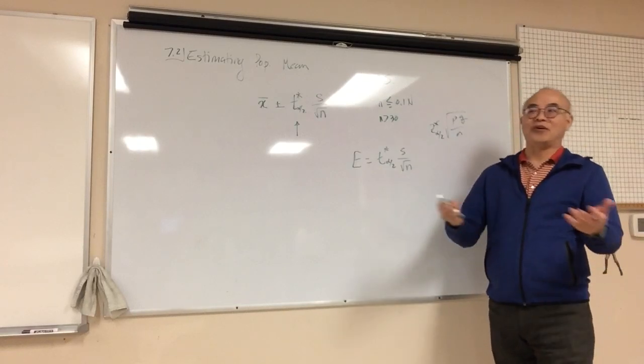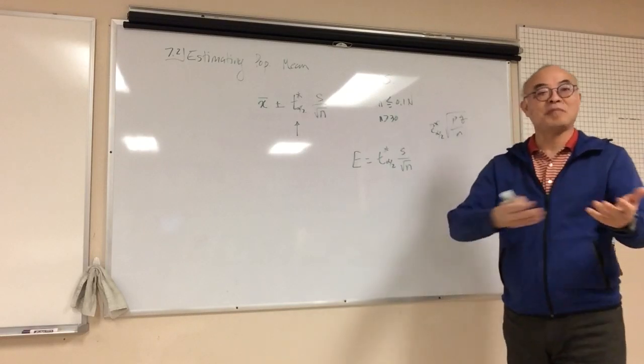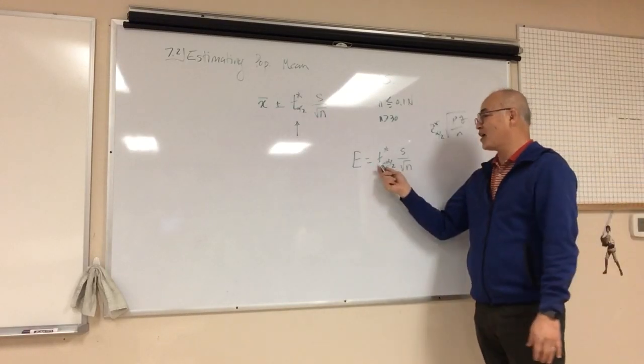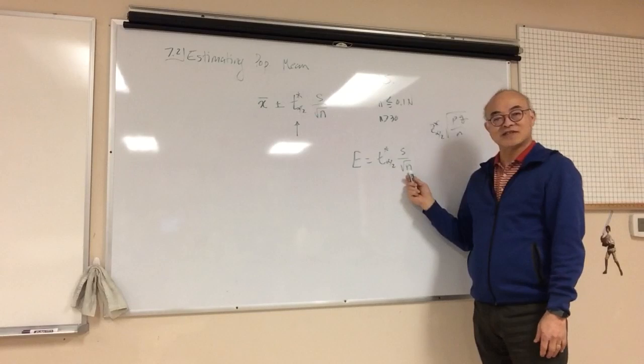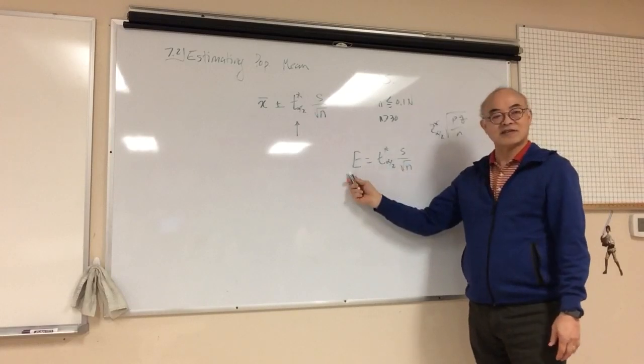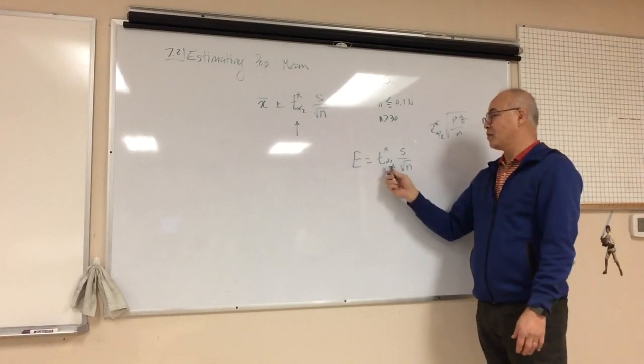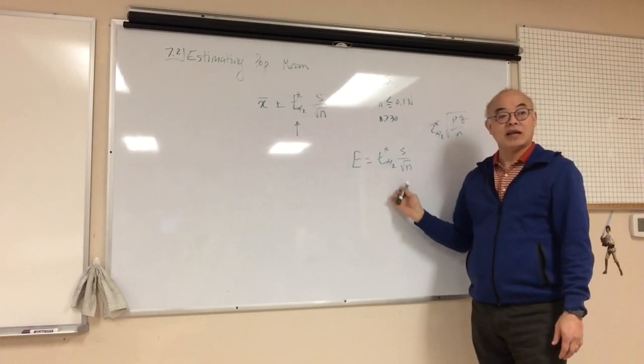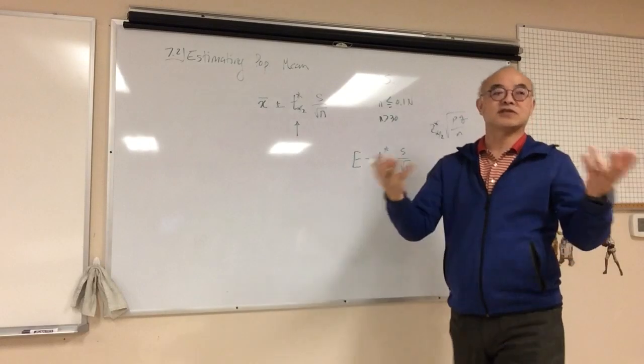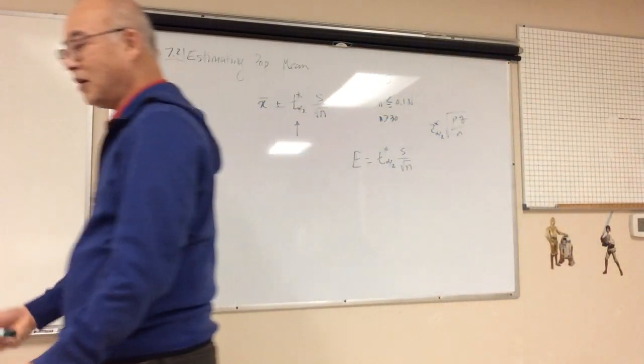So you're in a hard place. In order to find this, you need this, but all I know is the margin of error I want. These two are interrelated, so I don't know what to do.